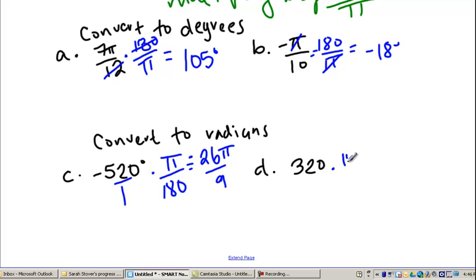Okay. Next one, you multiply pi over 180 again. You're going to have some kind of nasty fractions, but it's okay. I'll be a little bit nicer on a quiz. But that's how you convert between radians and degrees. It's not that bad. You just plug it in and go.